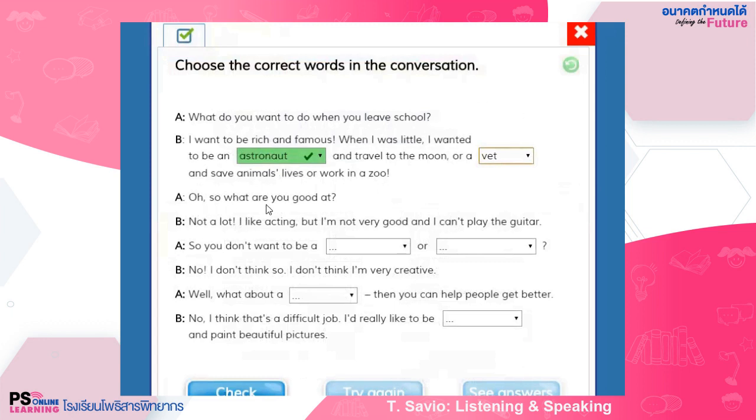Oh, so what are you good at? Not a lot. I like acting, but I'm not very good, and I can't play the guitar. So you don't want to be a musician, because you can't play a guitar, or an actor, because you're not very good at it.